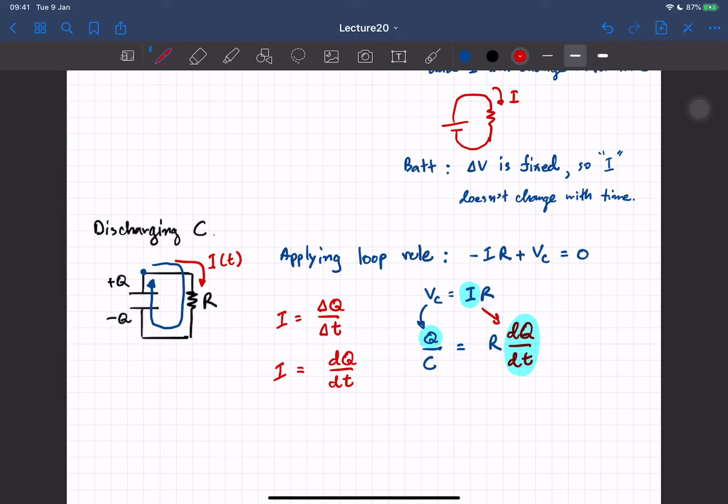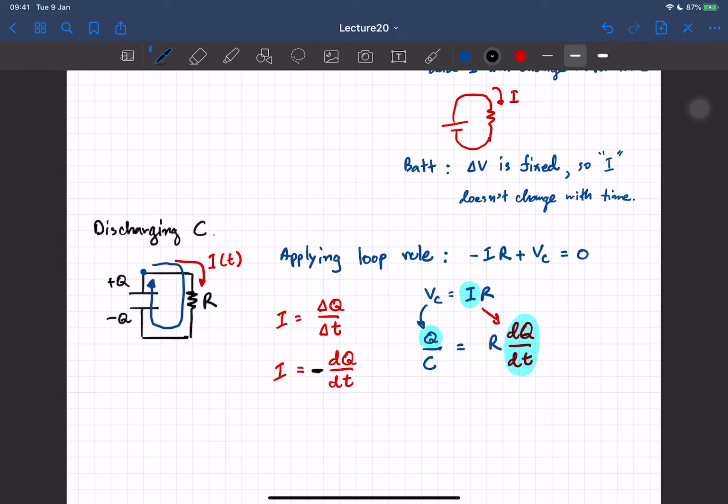But there's something wrong here, because you can see that the direction that we choose for the current is actually flowing out from the capacitor. So if you look at this, when the current flows, the charge on the capacitor must decrease. So we need a minus sign here.